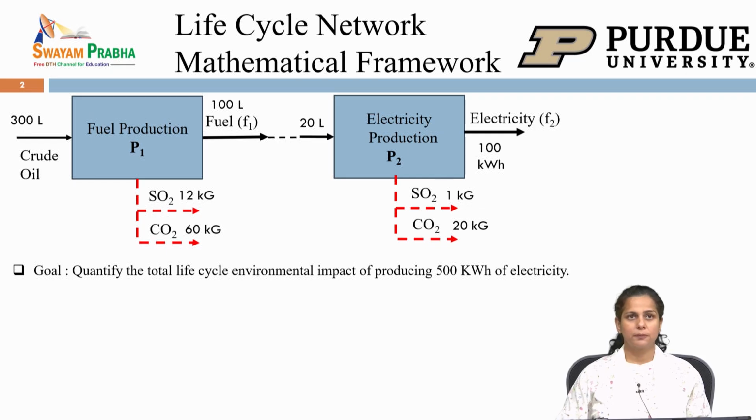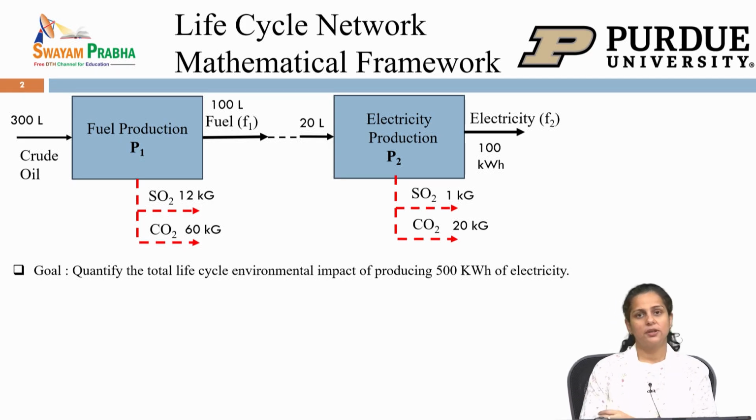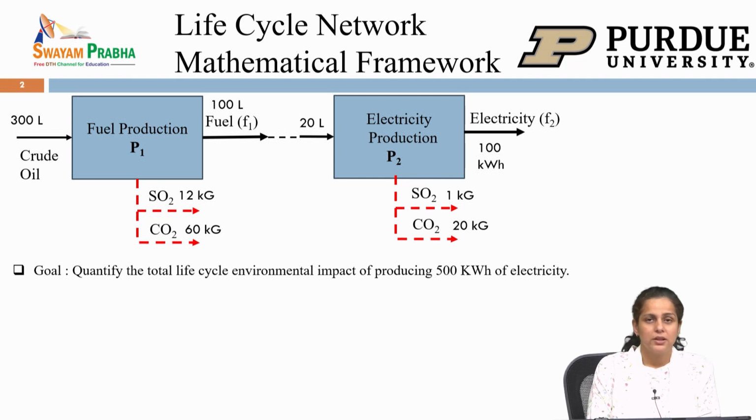Of course, the fuel produced by process 1 is also an input to process 2, but it might also be going as a product to the economy. The goal of our LCA, in which we only have these two systems included, which is the scope, is to calculate the life cycle environmental impact of producing 500 kilowatt hour of electricity.